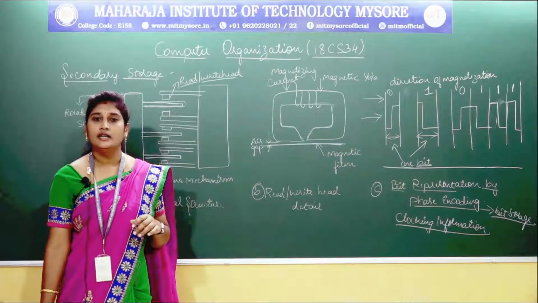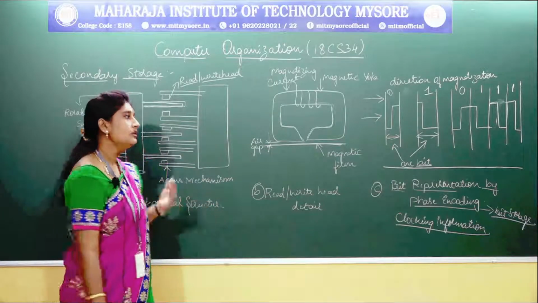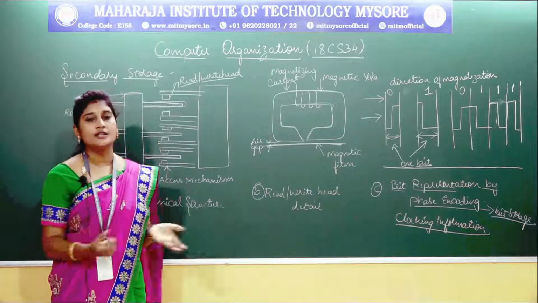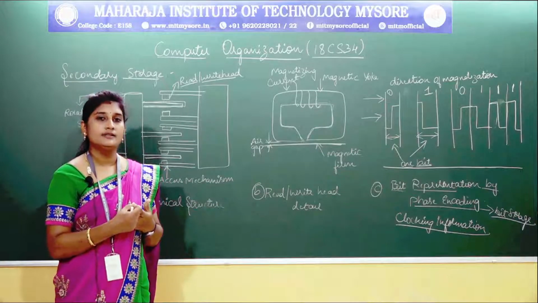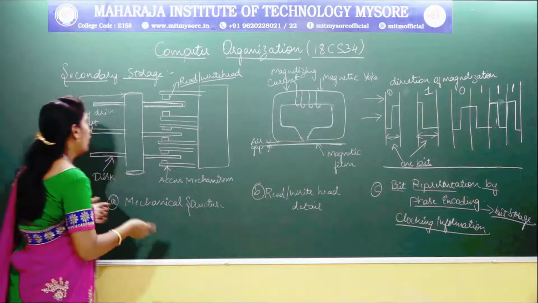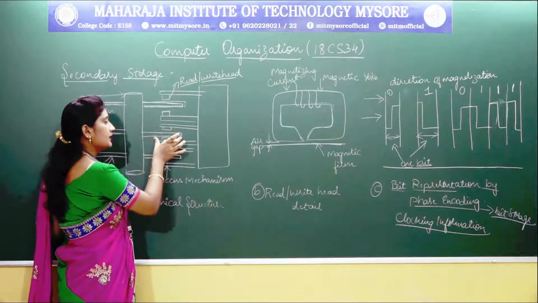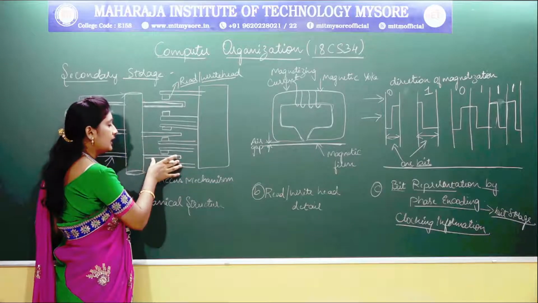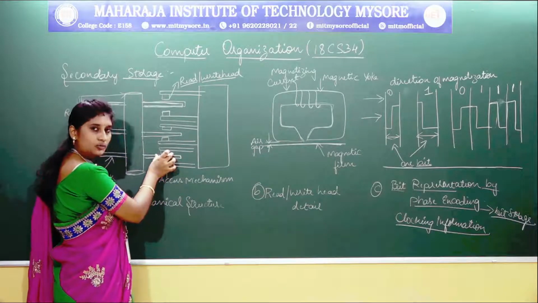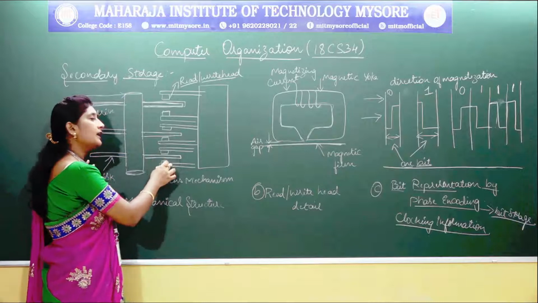Fine. So, let us look at how the organization is done in disks, the magnetic tapes or magnetic disks. Here, the disks are placed one after the other, and each disk has close proximity to the read-write head.